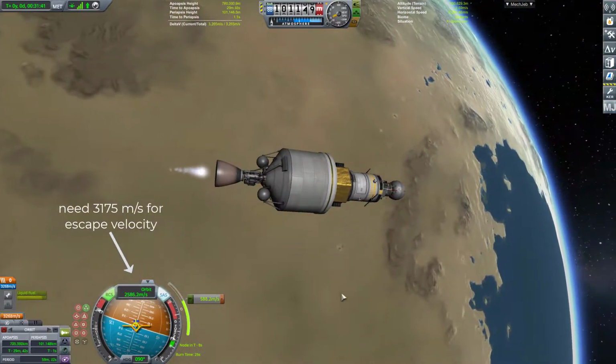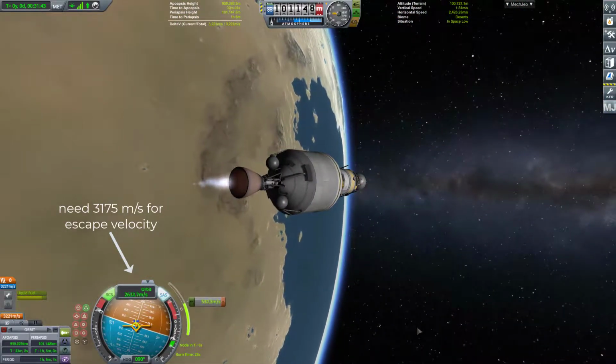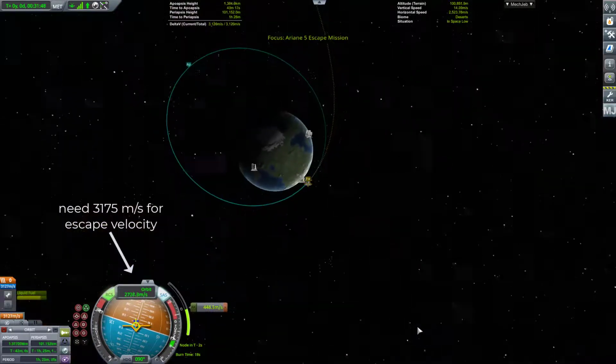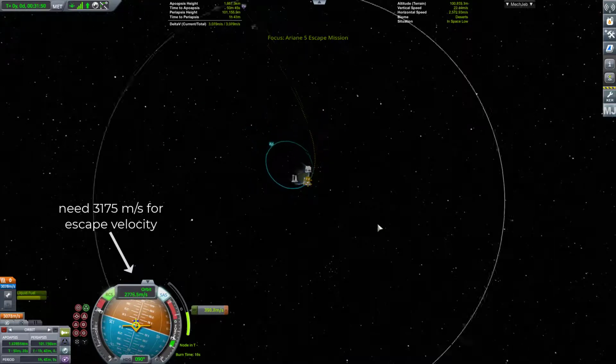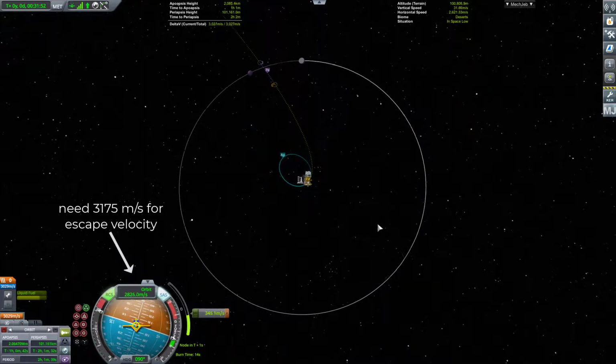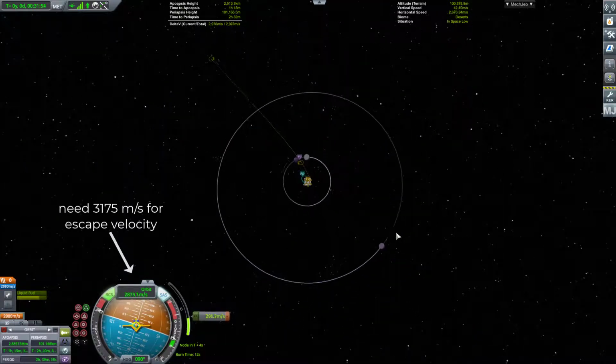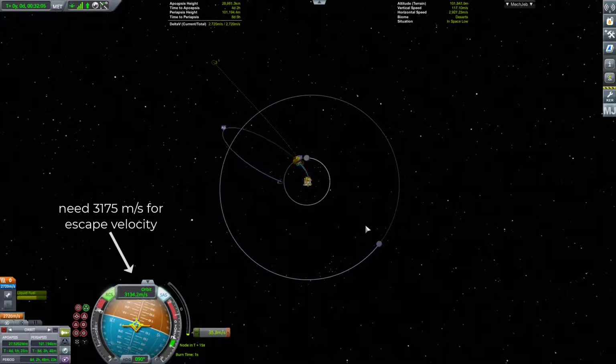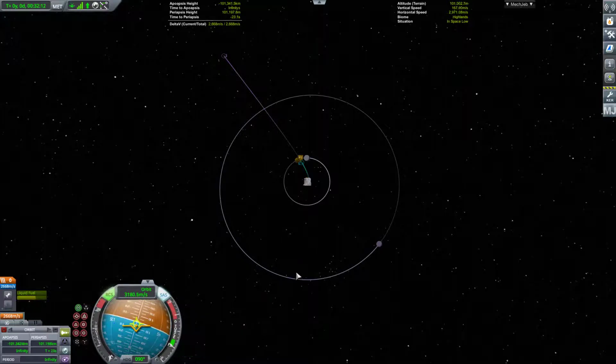We need to increase the velocity up to about 3175 meters per second for escape velocity at this altitude. And that's it.